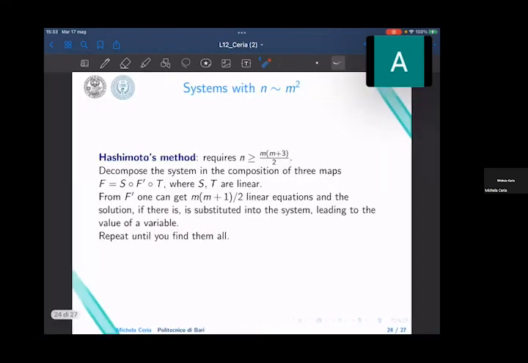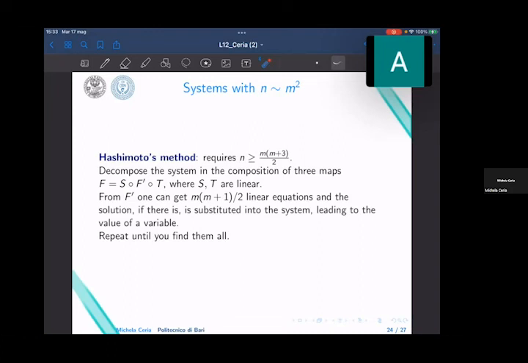But you can also have the opposite case, in which the number of variables is more or less the square of the number of equations. You can use Hashimoto's method. The idea is that you decompose the system as the composition of three maps, where S and T are linear maps.